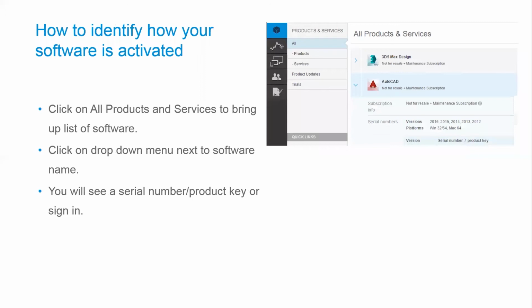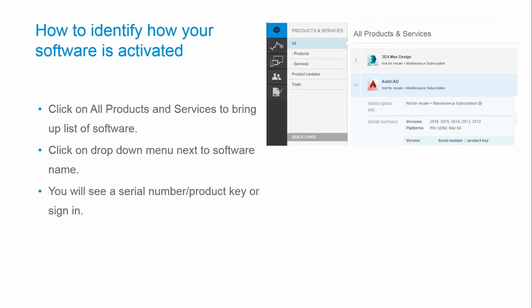Now, how do we identify how your software is activated? That's really simple. All you need to do is click on all products and services in your Autodesk account, and that will bring up a list of all the software that your company currently owns. Then all you need to do is click on that drop-down menu to the left of the name of the software, and that will show you how it's going to be activated.